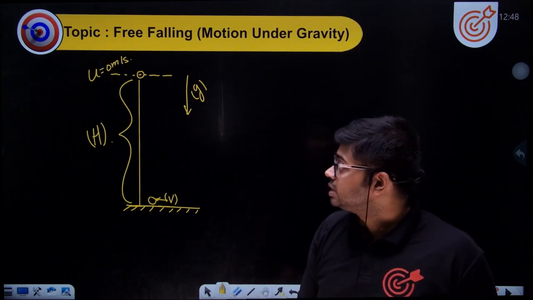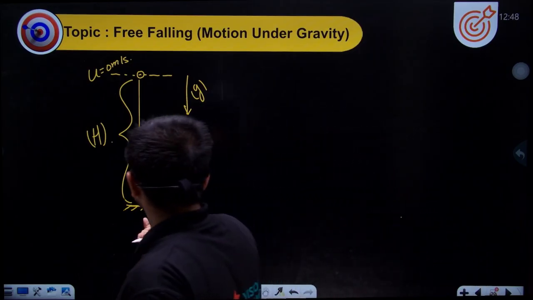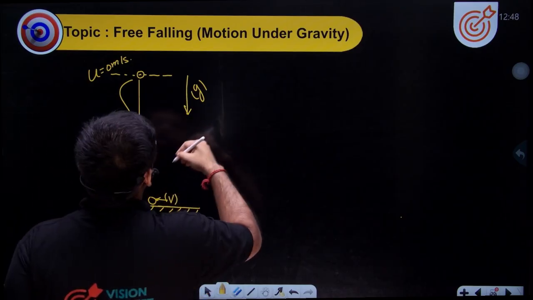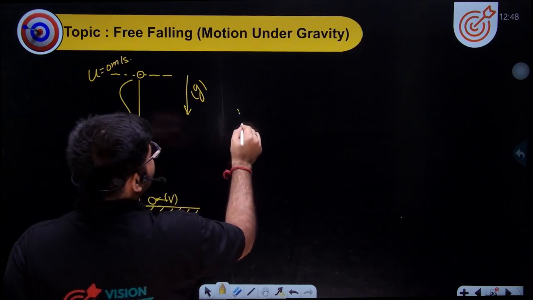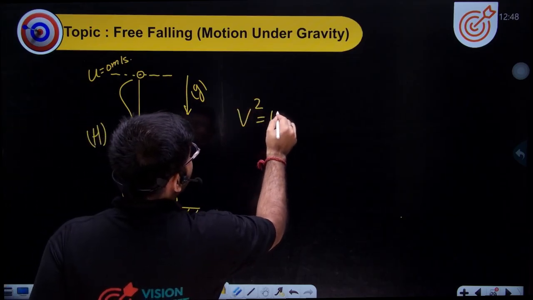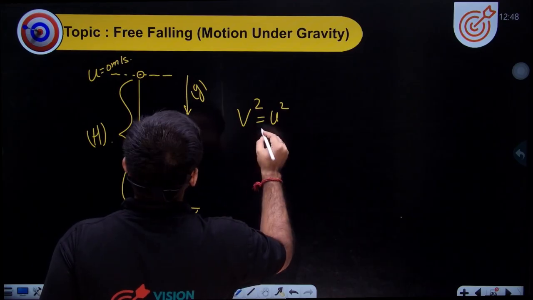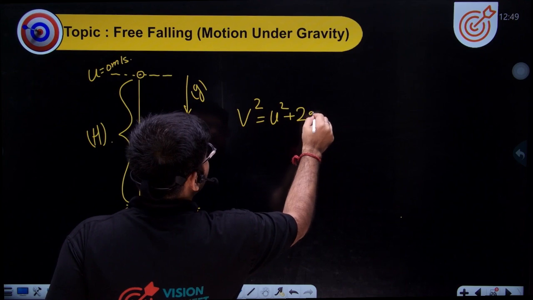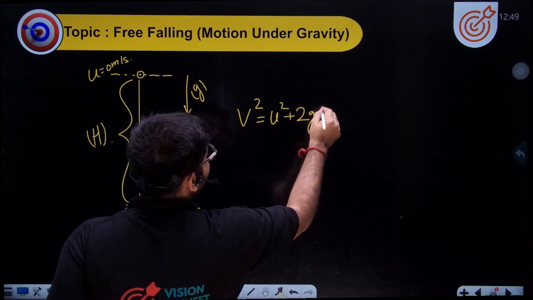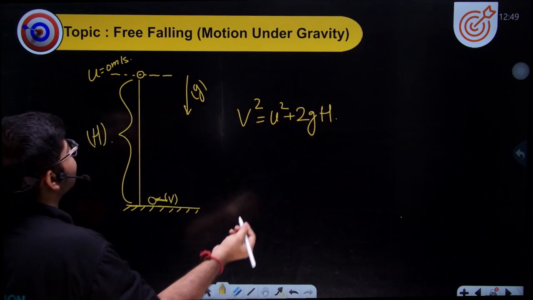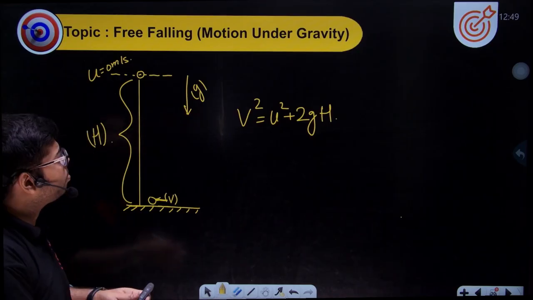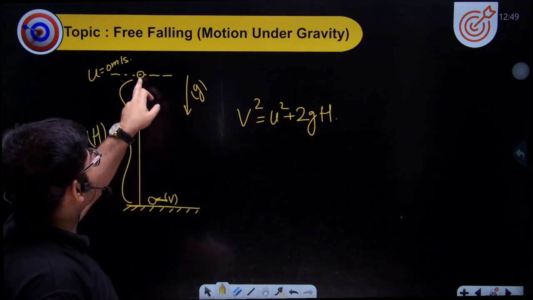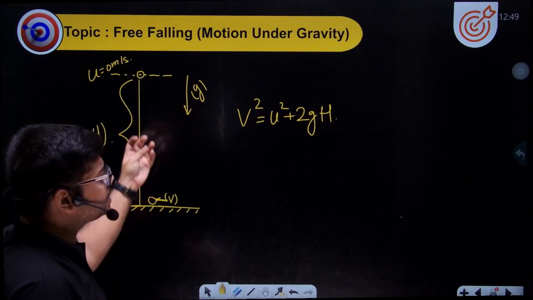Okay, gravity. तो यहां पे अगर मेरे को V निकालना है तो we can use the equation 3 to find out the V. That is V square is equal to U square plus 2G H, because here it is H. तो मैंने प्लस क्यों लिया? That is very important. Plus I have taken because you see the G value is basically assisting. It is increasing my velocity ना.